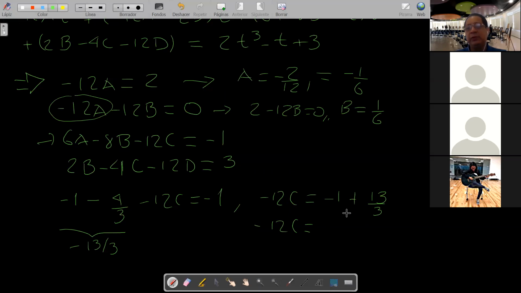And that gives us -3 plus 3, 10/3. So c will be equal to -10/36. Is that correct?